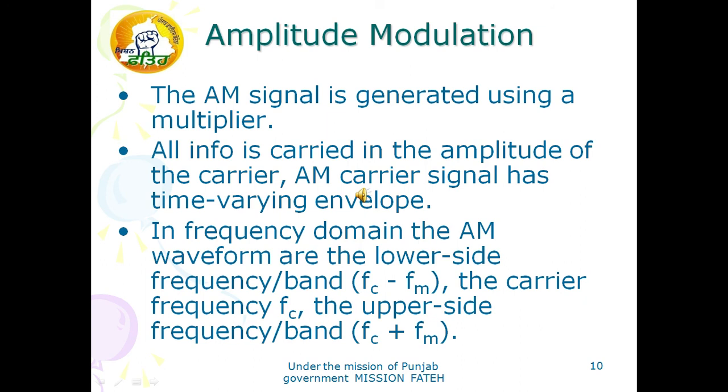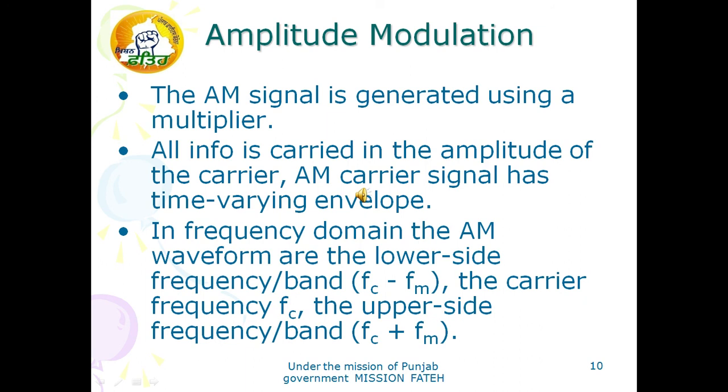Then the amplitude modulated signal is shown in the time domain or in the frequency domain. In the frequency domain, two sidebands are generated, one is the lower sideband, another is the upper sideband.